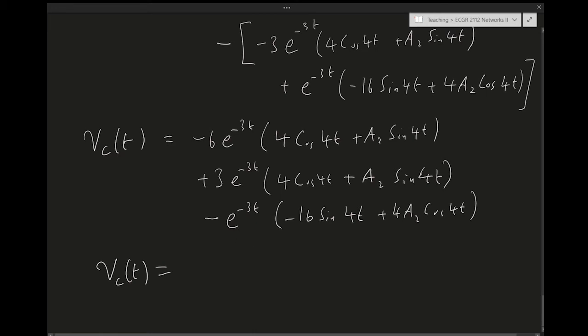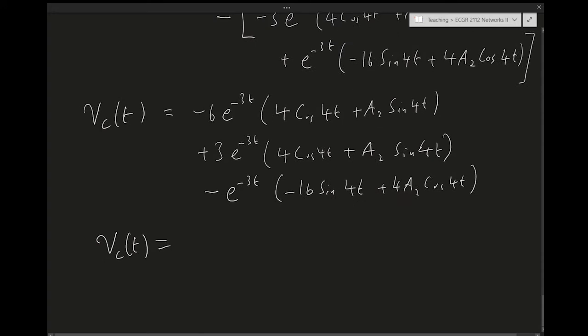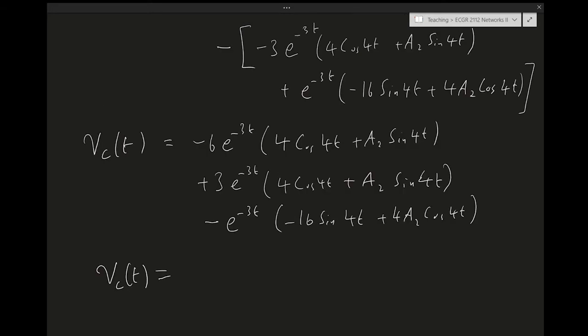I guess I can sum it all up now. Let me sum everything up, so I can move the exponentials inside the brackets, and then I can collect the sines and cosines. So I end up with what? As far as the cosines are concerned, I end up with minus 6 times 4, which is minus 24, right?